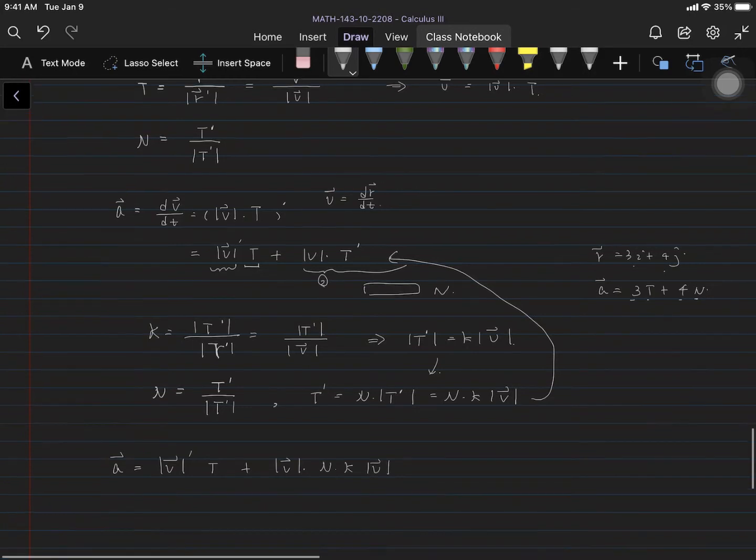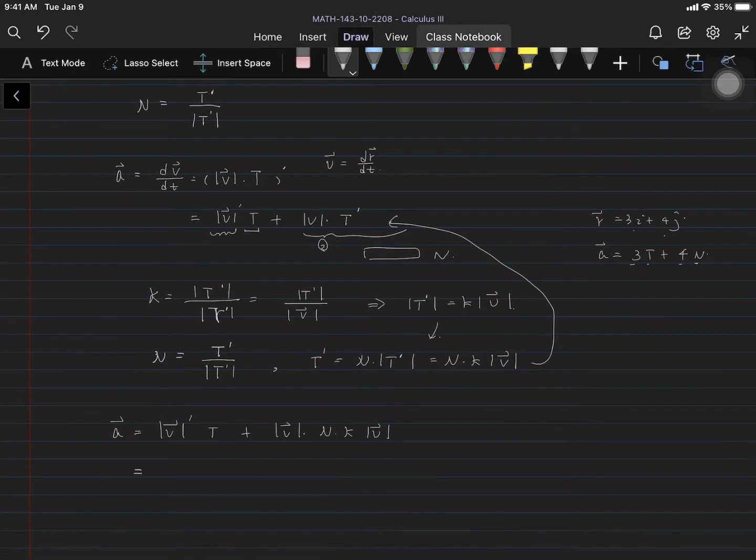And we are going to rewrite the second term a little bit, organizing the order: K, the curvature, and the v vector length squared, times the N vector.